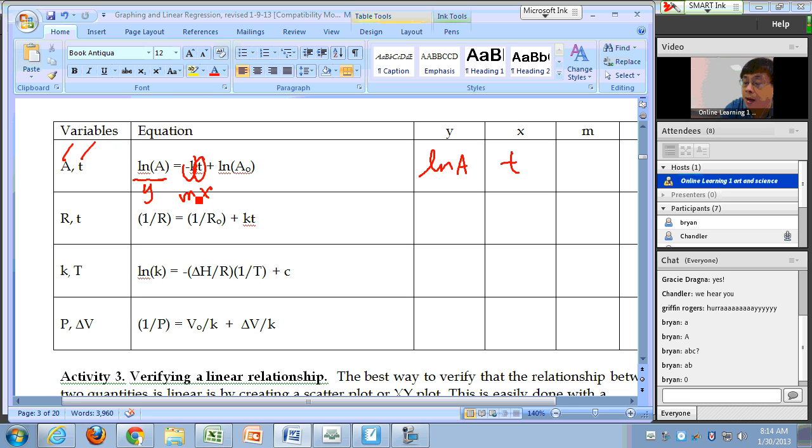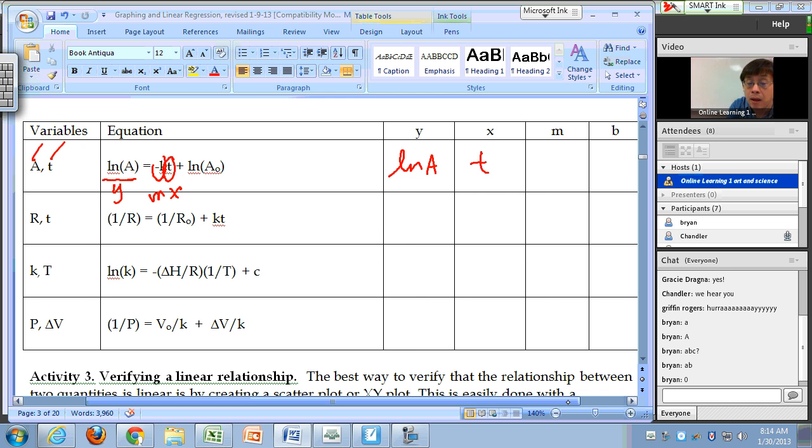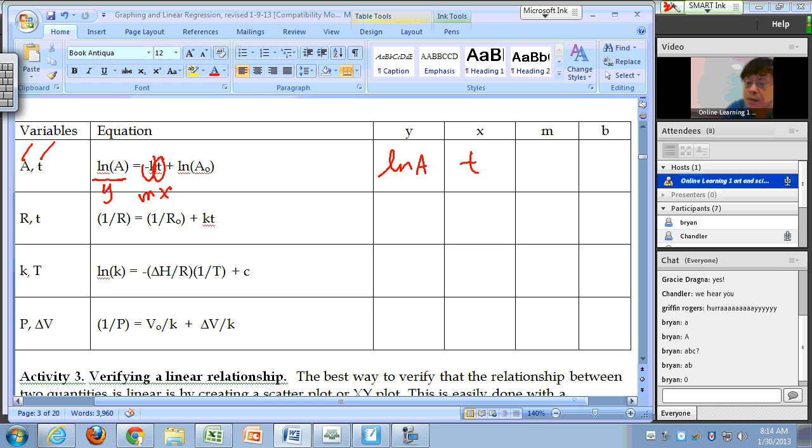So my slope is going to be negative k. And ln of A naught here is just another constant. A naught is a constant. You can see in this expression only A and t are variable. So this must be another constant. So I'm going to call that my y-intercept. So ln of A naught would be my y-intercept.